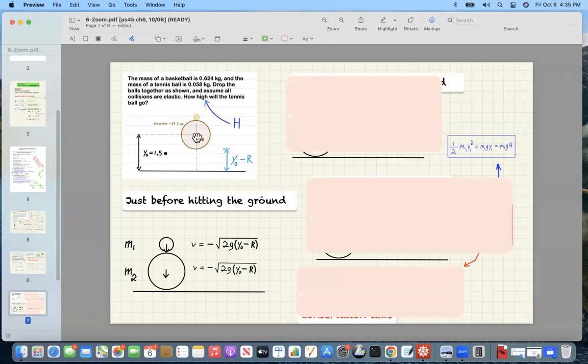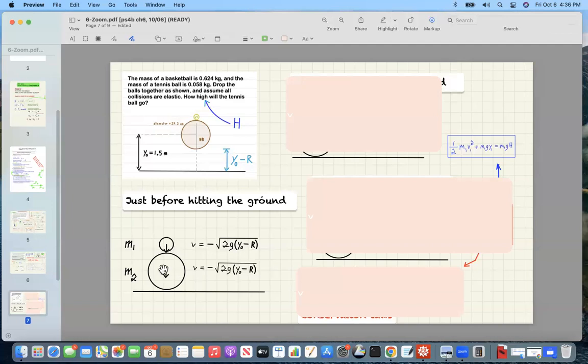So the distance is the height of the center minus the radius of the basketball, that'll be how far it's fallen when it hits the ground. So the velocity will be minus the square root of 2g(y0 minus r). And the tennis ball has exactly the same velocity, by Galileo. All objects fall with the same acceleration.